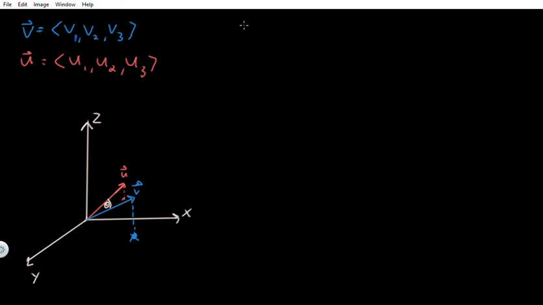So one way to multiply vectors is what we call the dot product. The way we write that would literally just be v dotted with u. So v dot u. The answer to this would be the dot product of v and u.